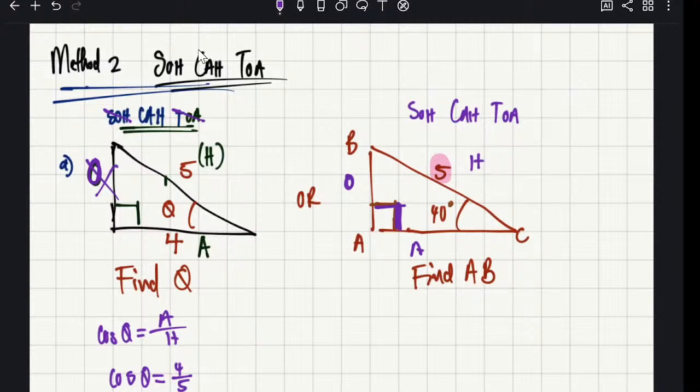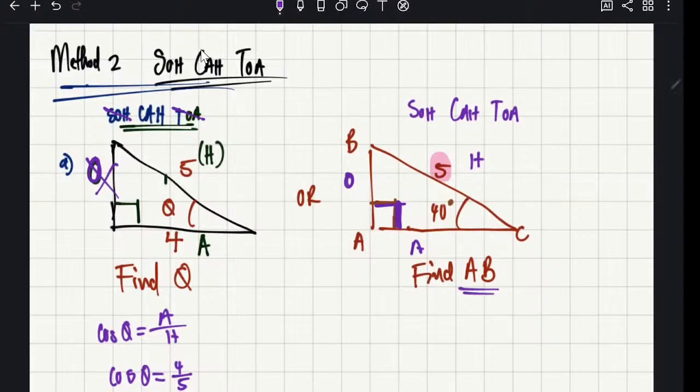So now we have labeled our triangle. We have to look for the side which is useless. Here they said find AB, so we need this one. So here A is useless. Now, because we have removed A, adjacent, we have to remove it from the formulas.